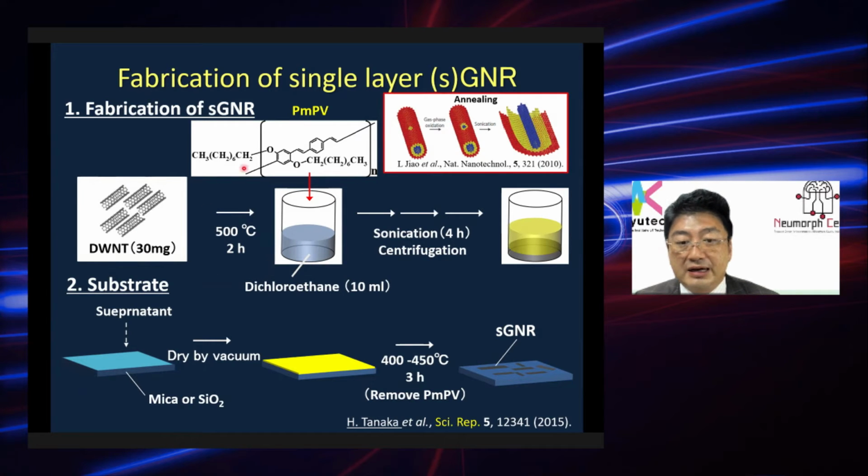By adding them together, sonicating for hours, and then centrifuging this liquid, we can get a sample. The supernatant was drop cast onto a mica or silicon oxide substrate, and then dried. To remove the PMPV, we bake this sample at 400 or 450 degrees. And then finally we can get a single layer graphene nanoribbon sample.